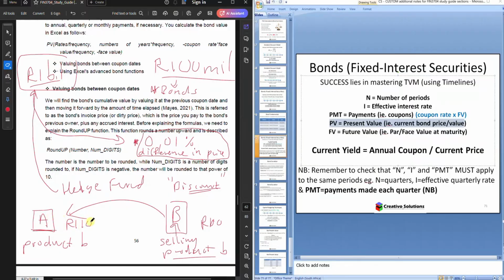Maybe it's a very difficult store to reach, it's far from a distribution center, whatever it is, and they're selling the same product B in store A for 110 Rand. This 10 Rand mispricing is an opportunity, but you're not going to buy one product and sell one product.